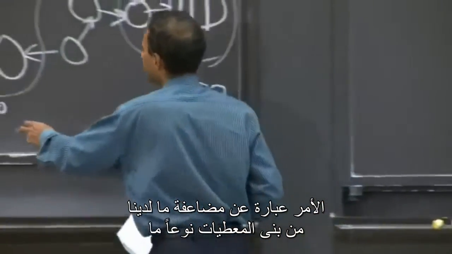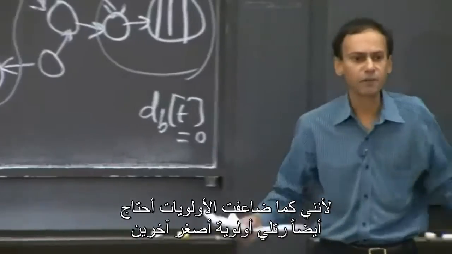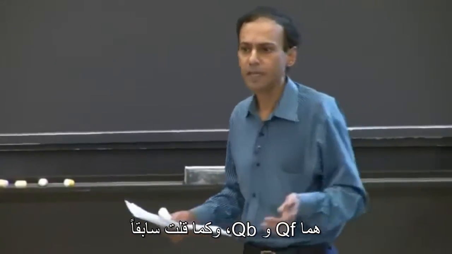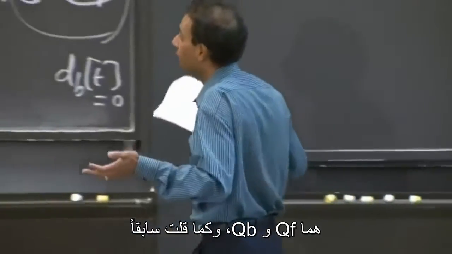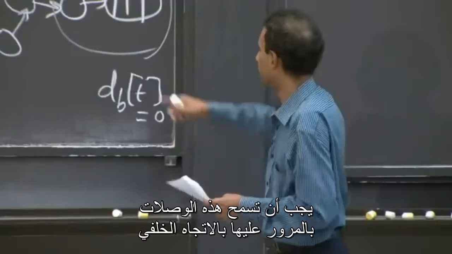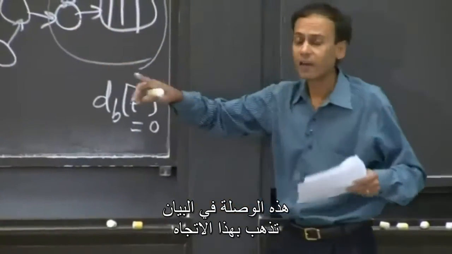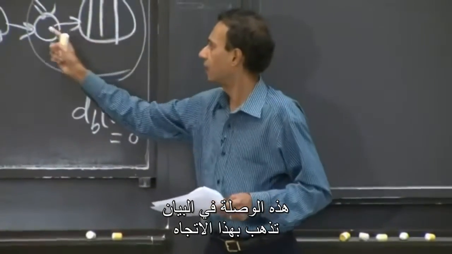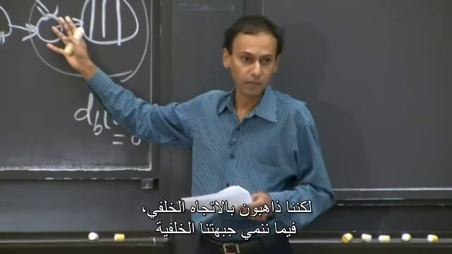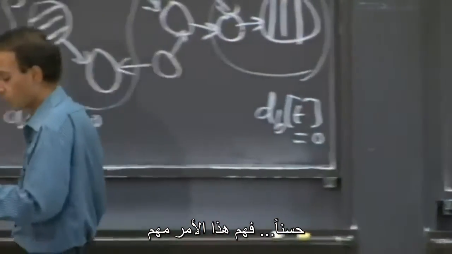Because just like I doubled the priorities, I also need 2 different min priority queues corresponding to QF and QB. And as I said before, these edges have to be traversable in the backwards direction. So this edge in the graph goes this way, but you're going in the backwards direction as you're growing your backwards frontier. That's important to understand.